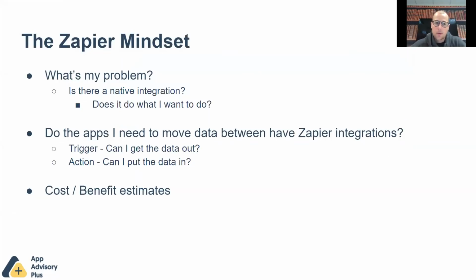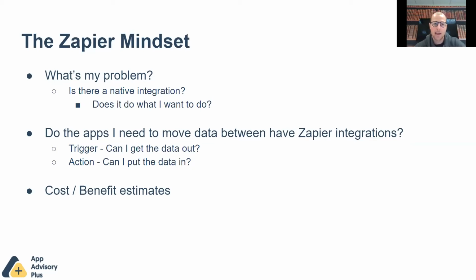Next I want to cover briefly the process that I would go through when I'm considering whether I could automate something using Zapier. To start with, I think, what is my problem? Is there a native integration, and does it do what I want to do? That's my first point of call. If I can't solve my problem using that, then I'd move next down to: do the apps that I need to move data between have Zapier integrations?